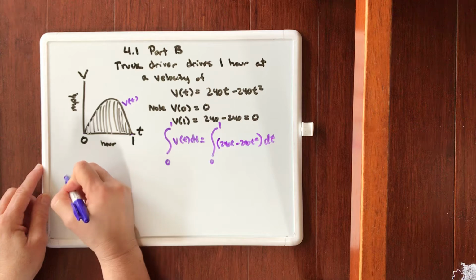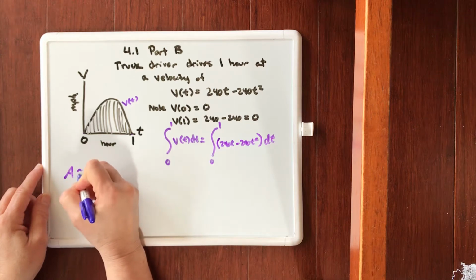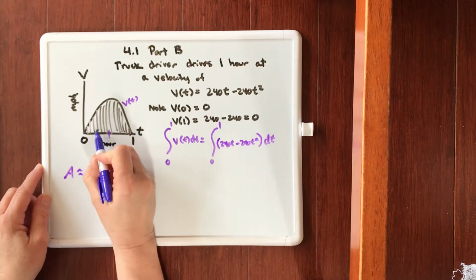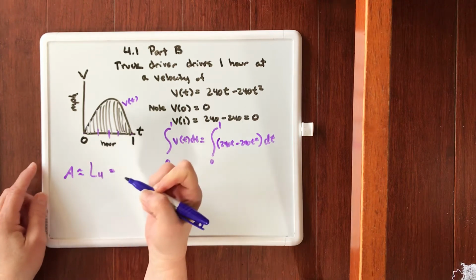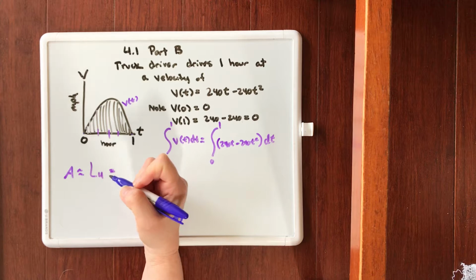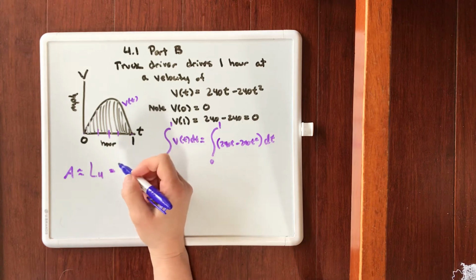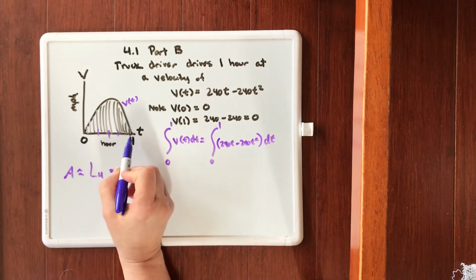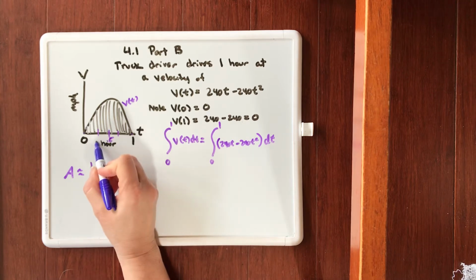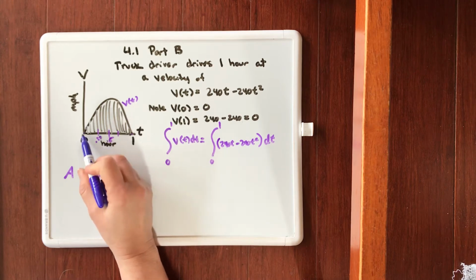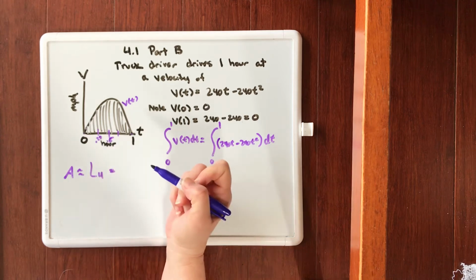But if we were to do an estimation and split this up into 4, L4, well, L4 is different in this problem because we have 1 hour. So this is 0.5, so this would be 0.25. So these are 0.25, 1/4 increments.